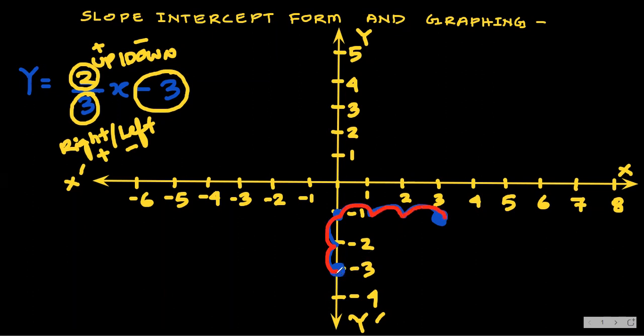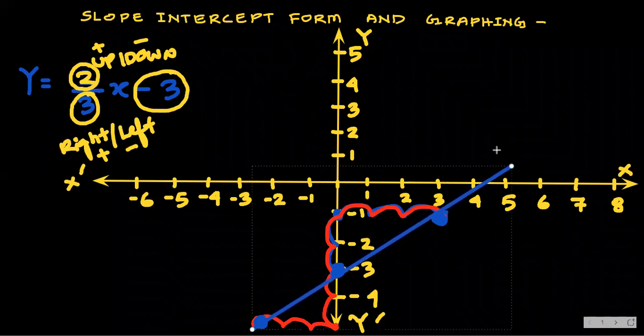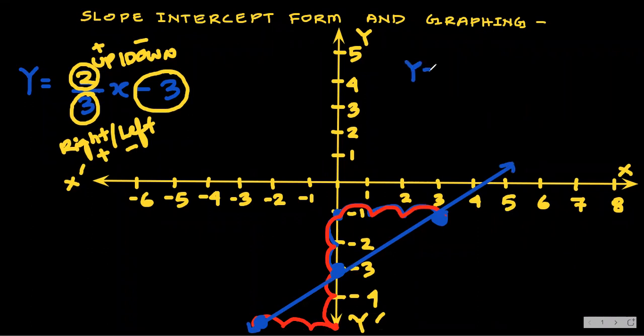Do the reverse operation: 2 down and 3 to the left to get 3 points. First point, second point, and third point. And join the points to get the ultimate line. So this is your line, y = 2/3 x minus 3. And that's all.